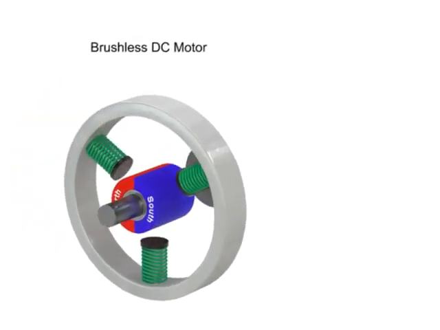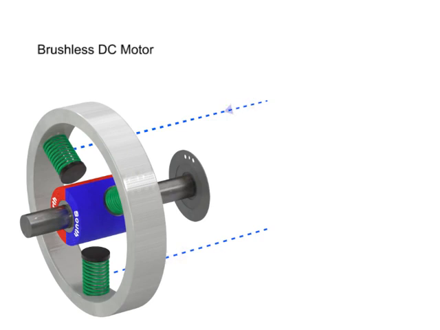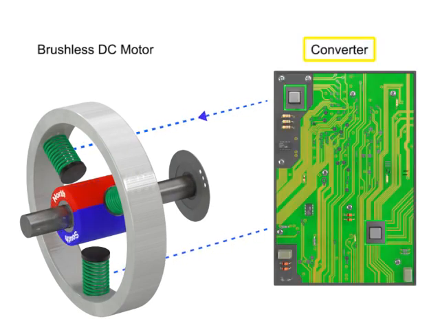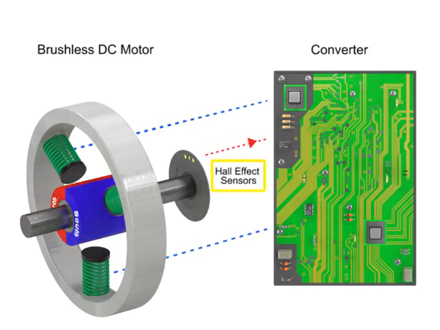A rotating magnetic field is formed by electrical pulses generated by a converter. As the rotor turns, a rotor position sensor provides feedback to the converter so the required stator field rotational sequence is maintained. The change in sensor state reports back to the converter, which continually switches the phase to the windings to keep the motor turning.